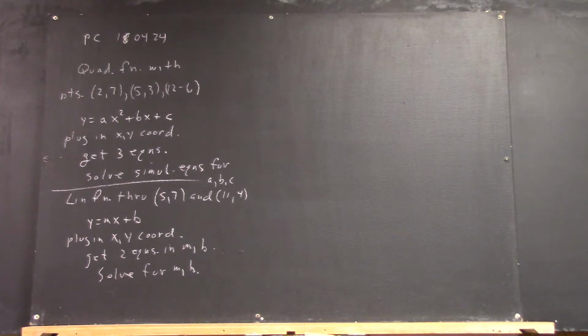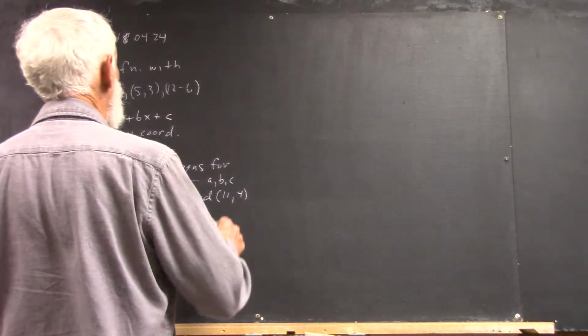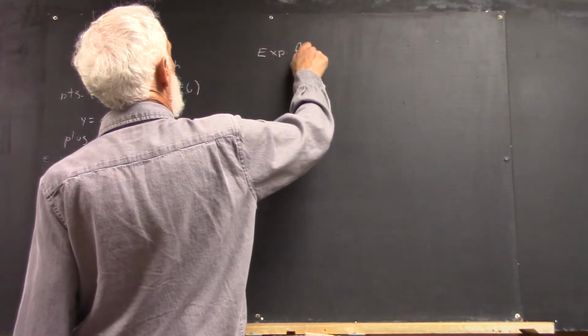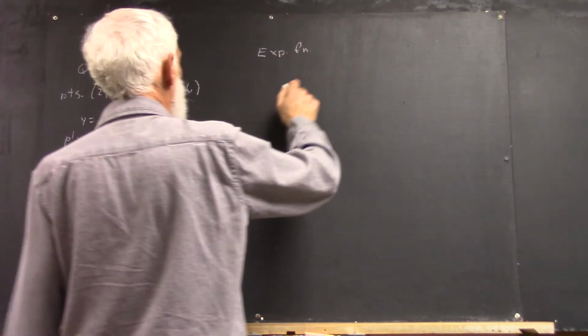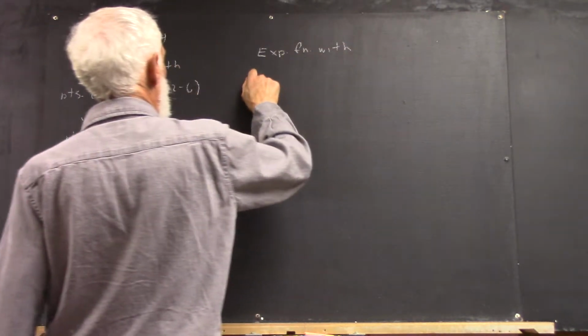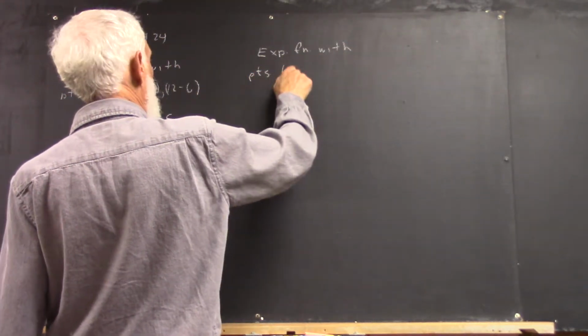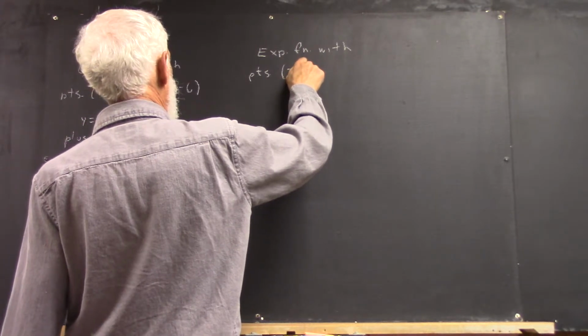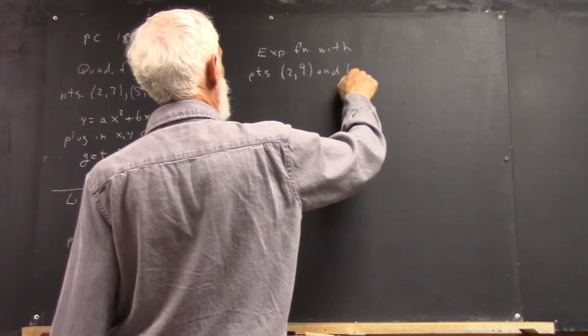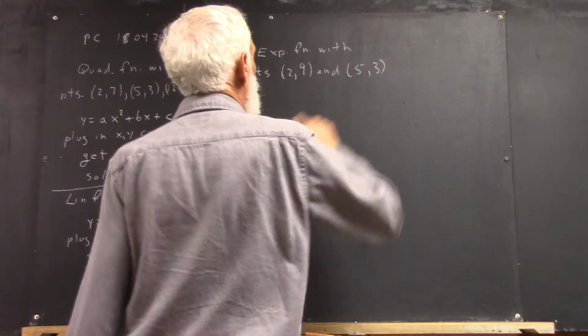Now, how about an exponential function with points (2, 9) and (5, 3)?